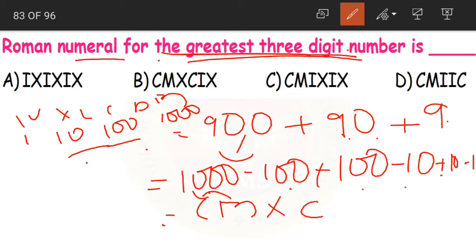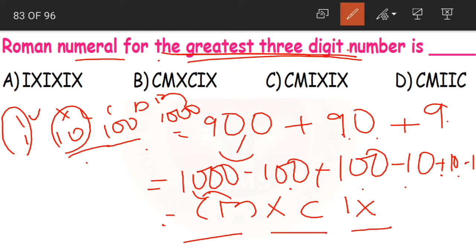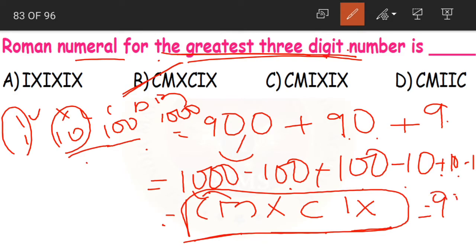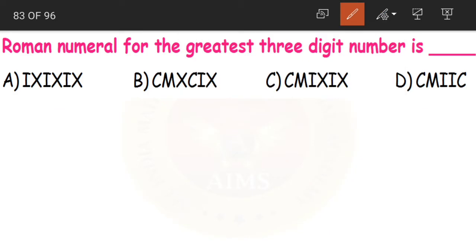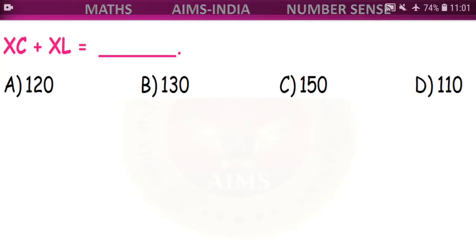Next 9. 9 is 10 minus 1. 10 is X and I is 1, so IX becomes our 9. CMXCIX, that is option B, is the Roman numeral for the greatest 3-digit number, 999. Clear, children? Okay, now moving on to the next question.